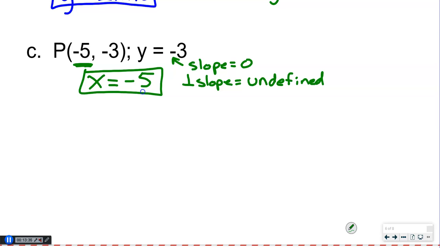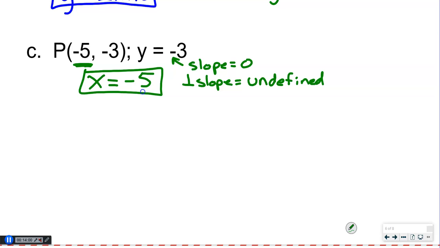We can't write an equation with an undefined slope. So it is just x equals negative 5. If we tried plugging in undefined as our slope into point slope form, it's just not going to work that way.